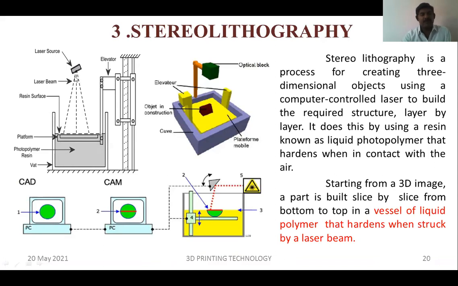After the laser completes one layer, the elevator will move downward. Then again the laser source will give the laser to this particular resin. Here in stereolithography, the photopolymer resin is converted into solid material. So that is what is going on here.